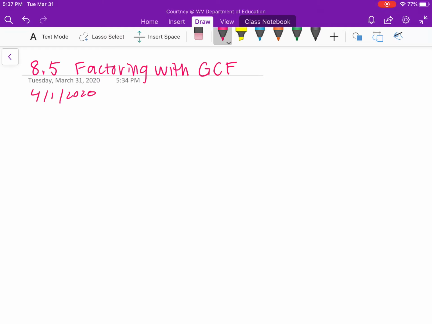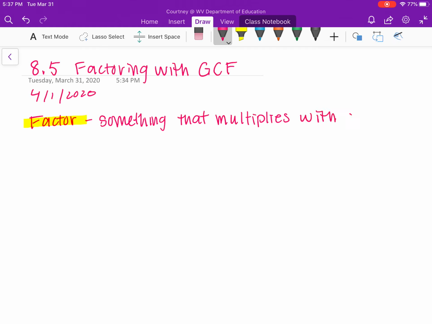First, let's talk about what a factor is. You've probably heard that word before. A factor is something that multiplies with something else to get a product.